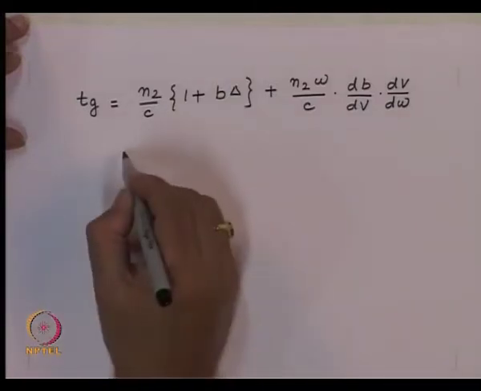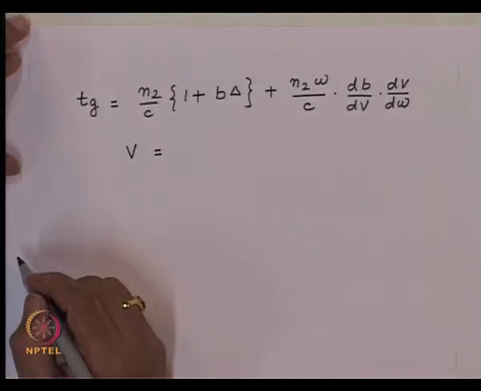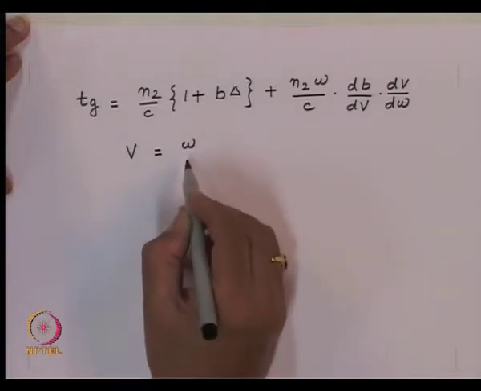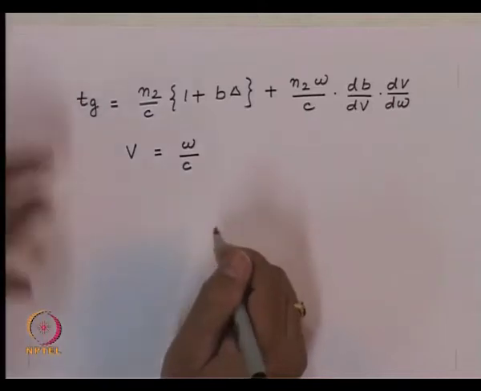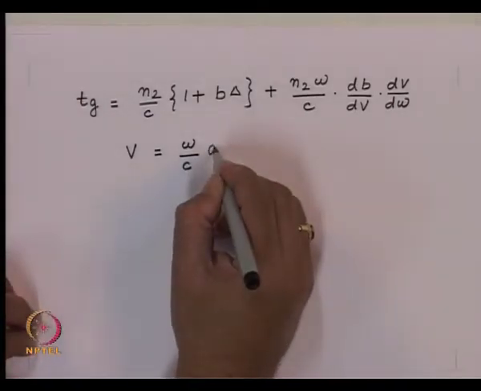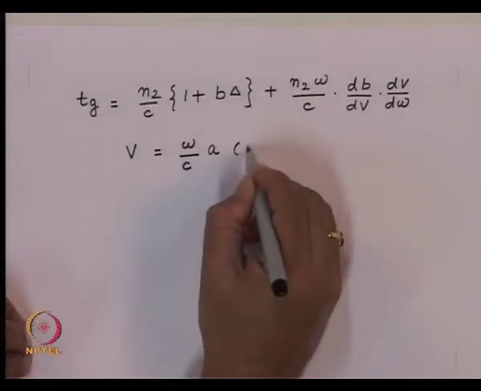Now recall, we have this V number, which is defined as omega by c into A into the numerical aperture.